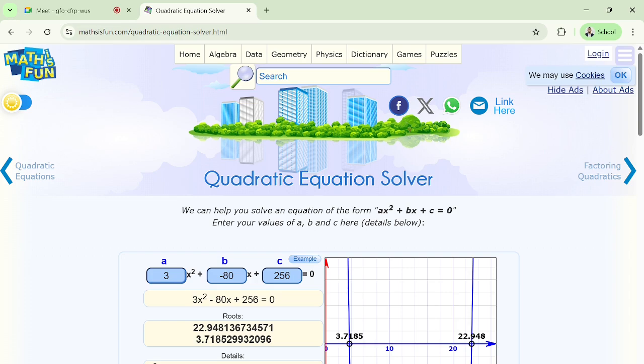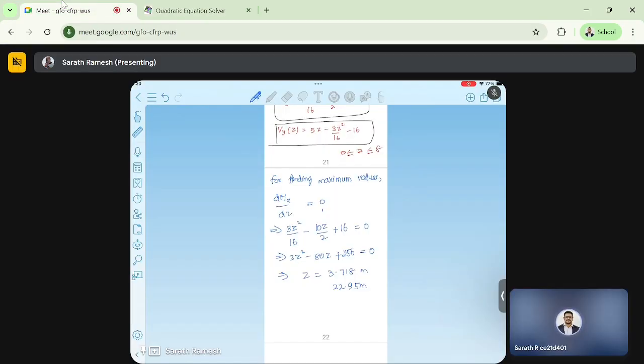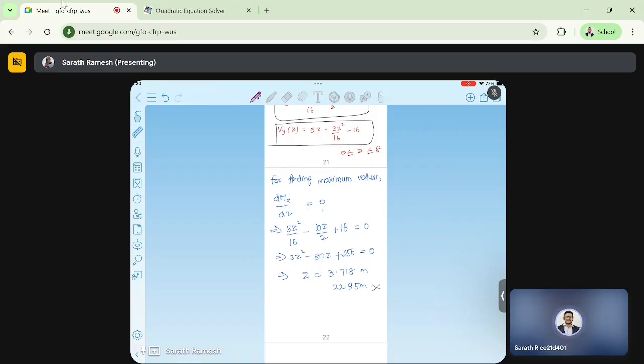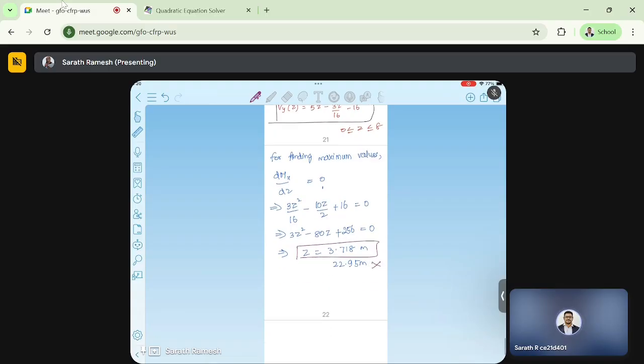So we have two roots here: Z equal to 3.718 meters and Z equal to 22.95 meters. Since Z can vary only from 0 to 8, the second is not possible. So this is our answer, where my moment is maximum.